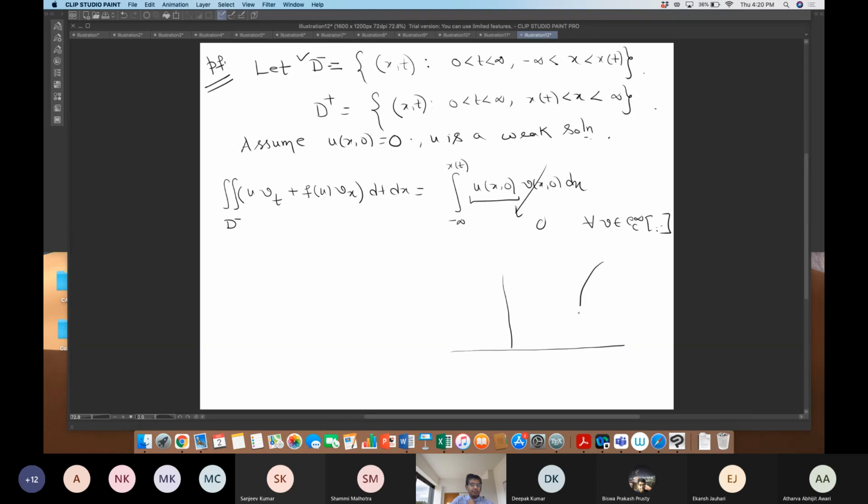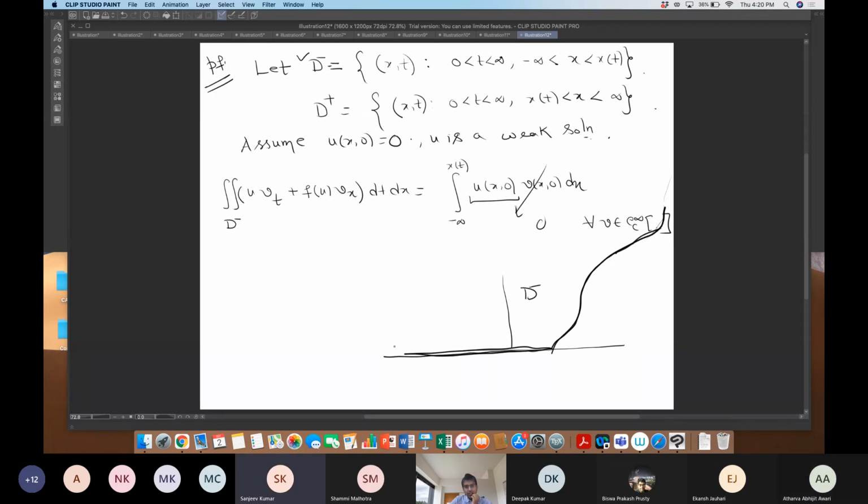Draw the picture. D minus is this. So what are the boundaries of D minus? This is the boundary, and this is the boundary. It can go up to infinity, and this is the boundary. Agreed?